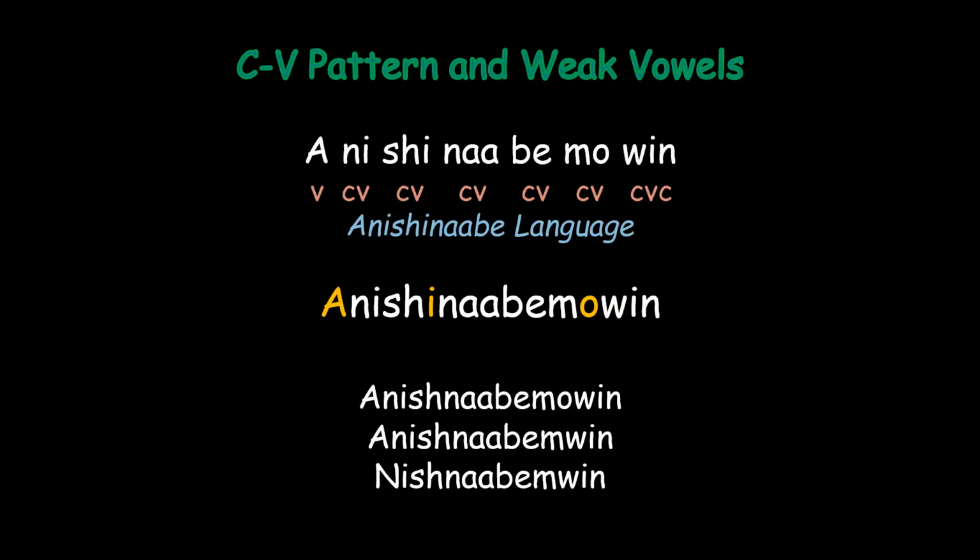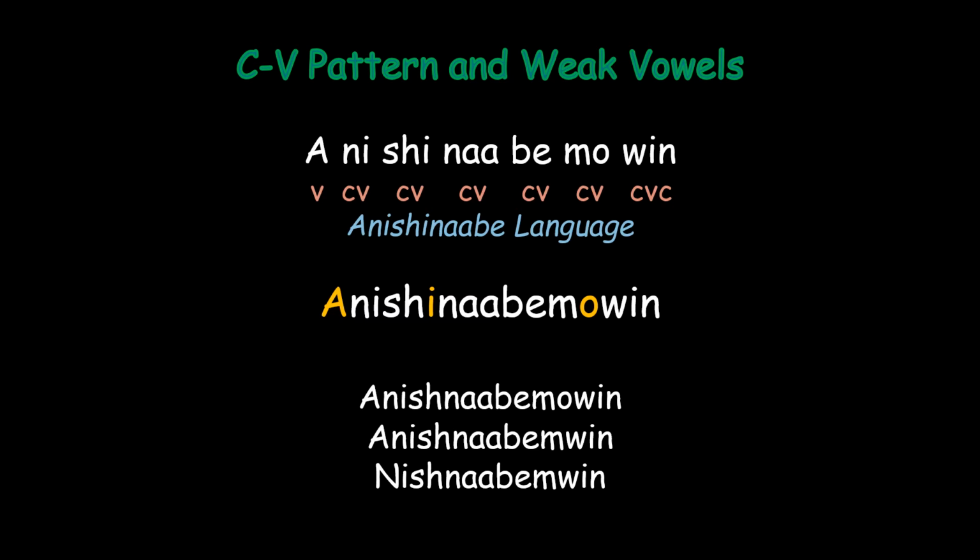Now let's take a look at the word Anishinaabemowin. Here written at the top of the screen, Anishinaabemowin, and broken apart by syllables in the pattern that we just learned. A, ni, shi, na, be, mo, win.